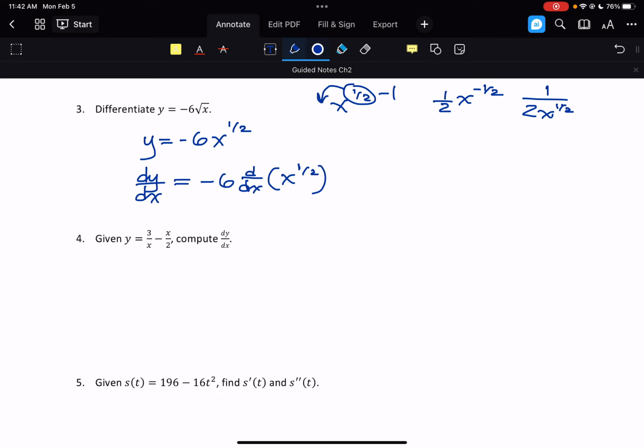Right? Negative power became a positive when we moved it to the denominator. And x to the 1/2 here is just radical x again. So negative 6 times 1 over 2 rad x. So it's negative 3 over radical x is the final version of that.